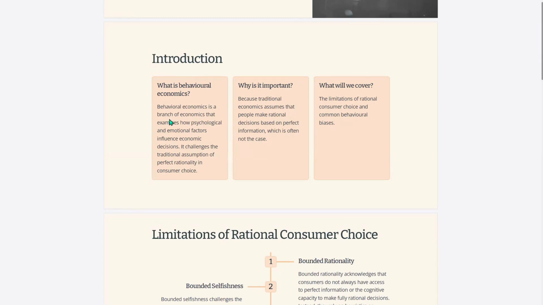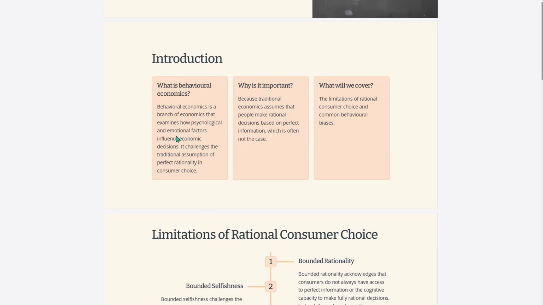Behavioral economics is a branch of economics that examines how psychological and emotional factors influence economic decisions. We are checking behavior. It is that branch of economics which studies psychological and emotional factors which are actually impacting economic decisions. My behavior is actually impacted by my psychological and emotional factors.